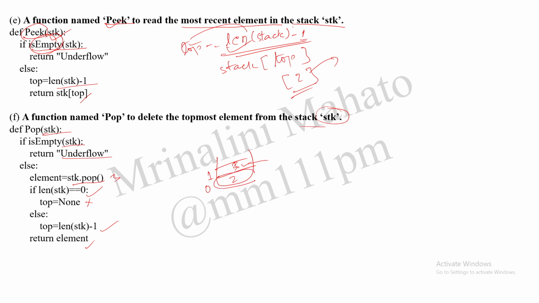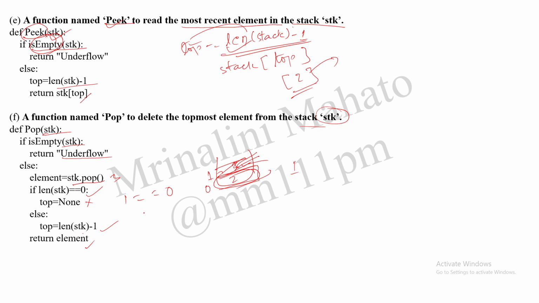Now I have one more data, that is 2. So now len of stack, what is the len? Because this one is deleted, the size of the stack is only 1. So here it is asking if size 1 equal to 0. No. Then come here, top equal to len of stack minus 1.